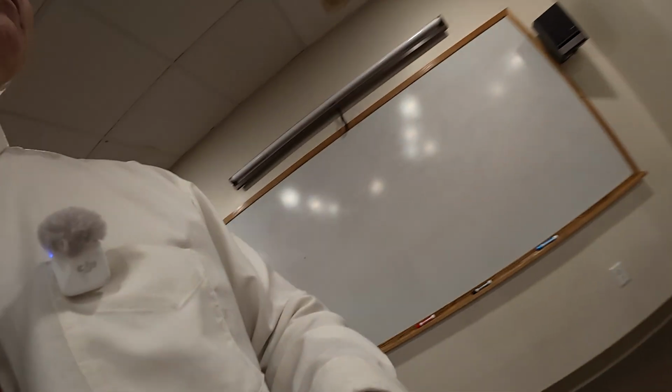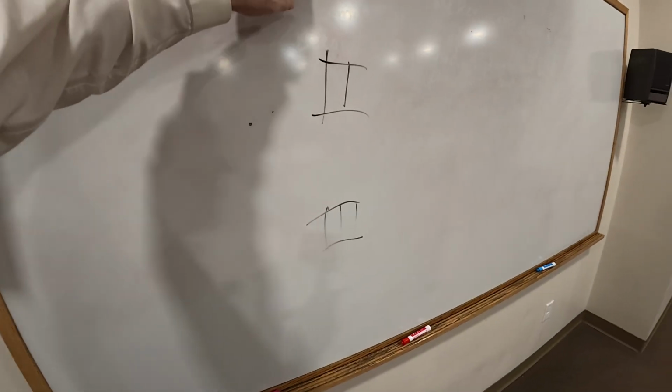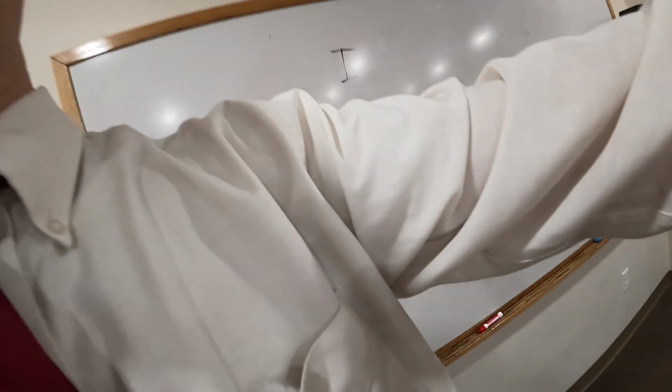In the same way, if you're doing an outline on the board, for example, and let's say you're drawing an outline here, each one of these Roman numerals is going to equate to each one of these sections.